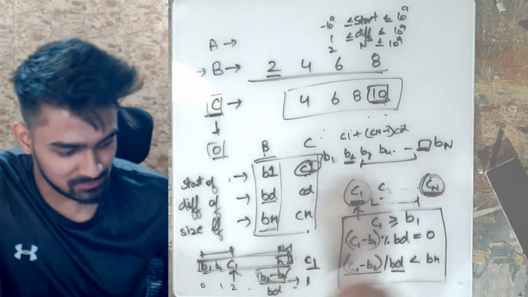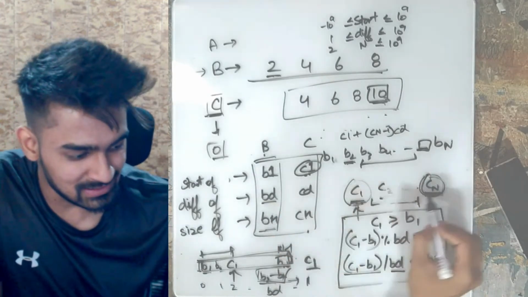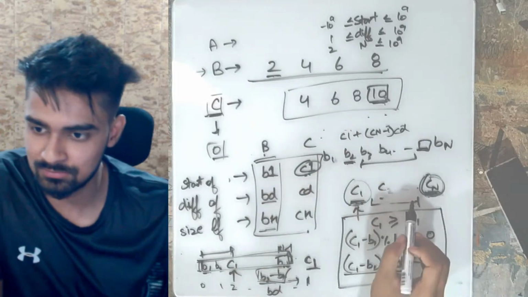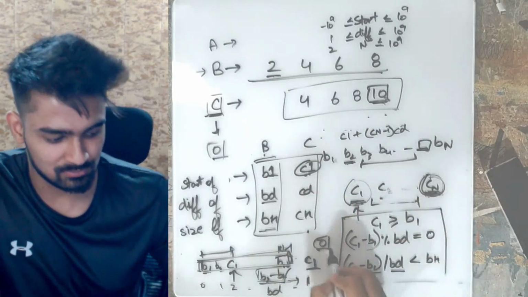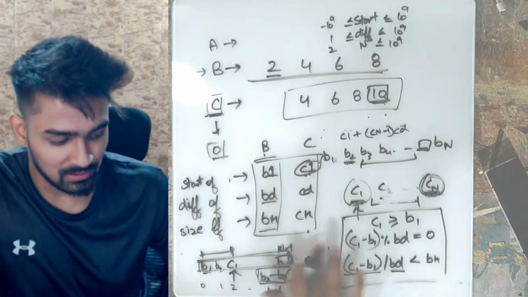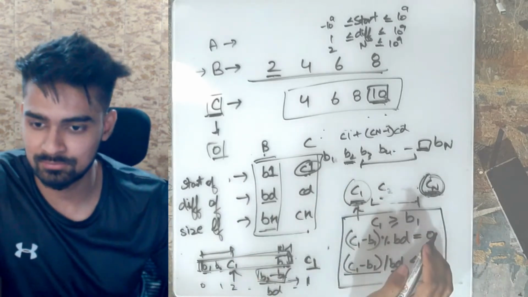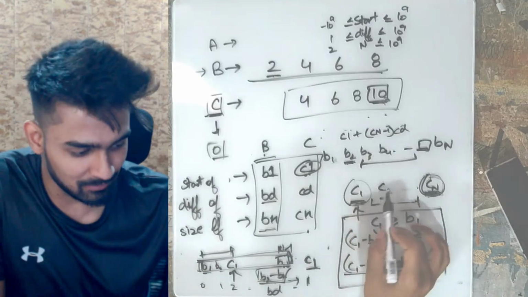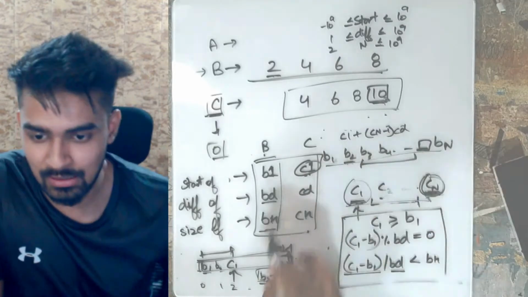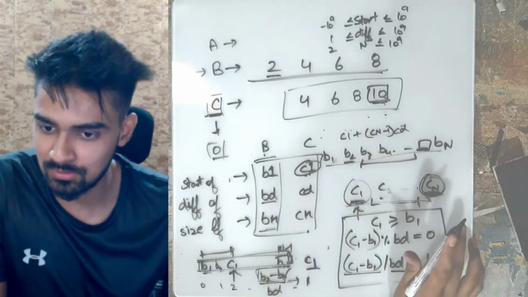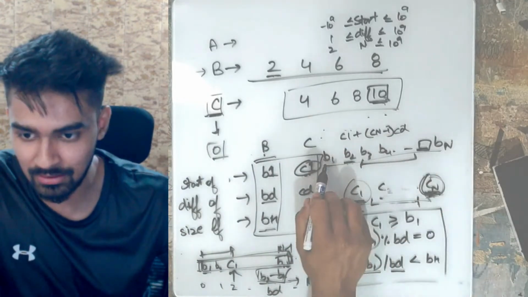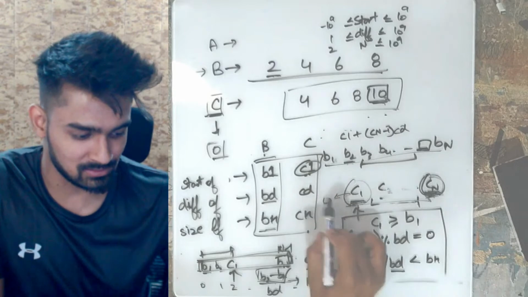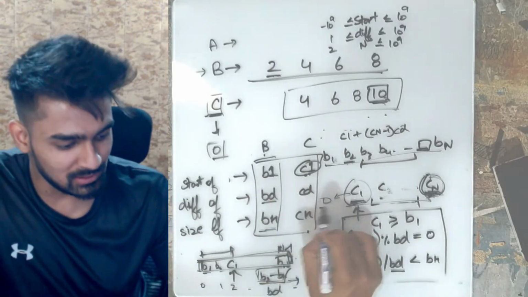You check for Cn as well. If both of these elements are present, then you can say that it is possible that every element in C is present in B. Therefore, the answer is not 0. But if either C1 or Cn is not present in B, then you can say that the answer is 0. So the 0th case is done.